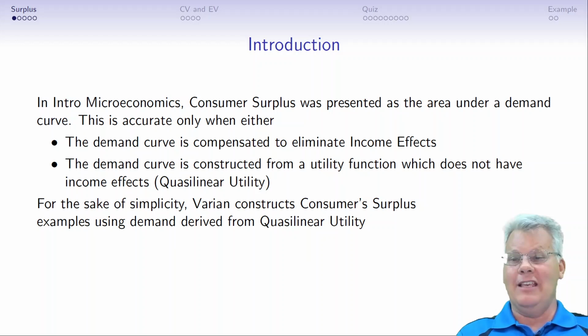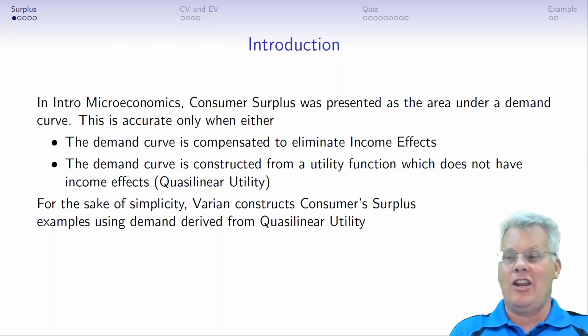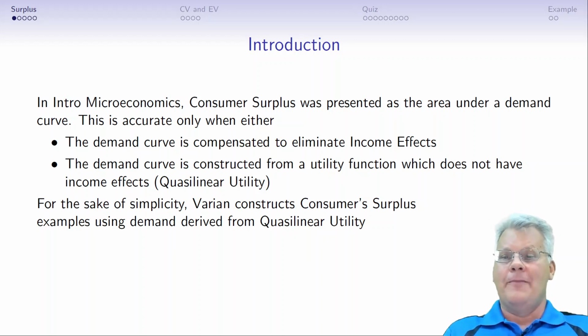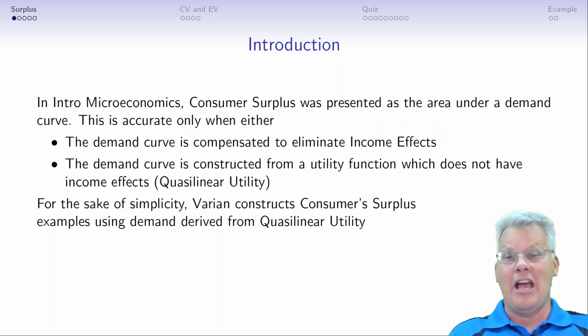The first one is that the area underneath the demand curve would represent consumer surplus in the plural only if the demand curve is compensated to eliminate income effects.